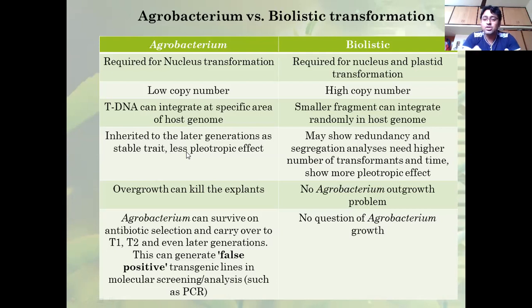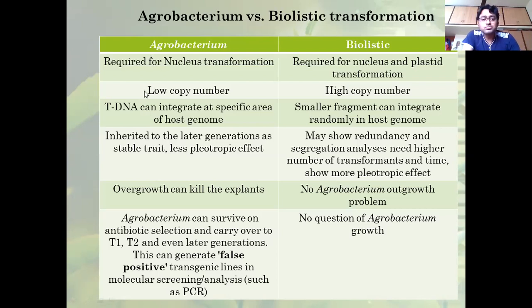With 2, 3, 4 or 5 copies, the genetic load is more, and it poses ambiguity in finding the homozygous line. So the desirable is always a low copy number.